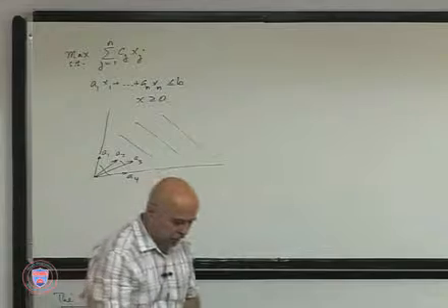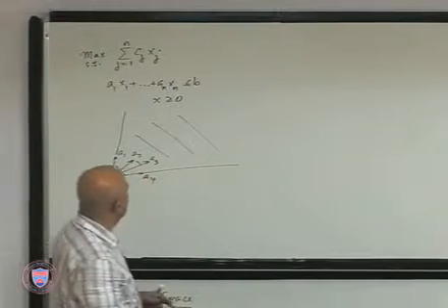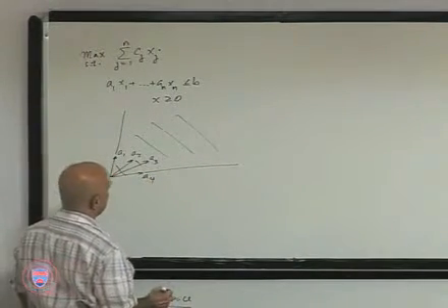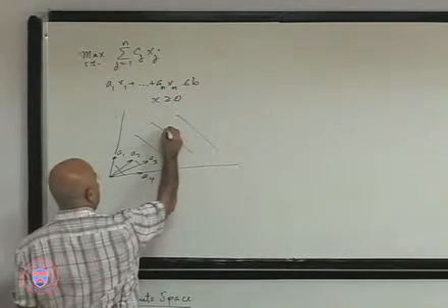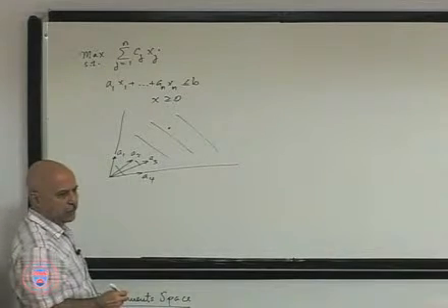Now the B vector. When you take a typical B, for example, if you take B here, that's a vector, that's a point.